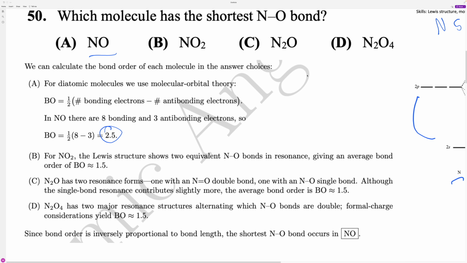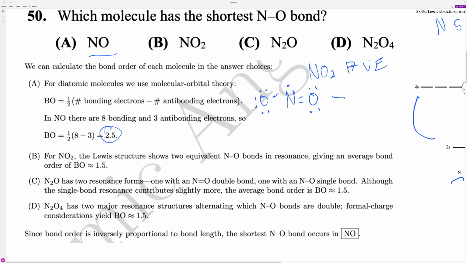Now let's draw NO2. NO2 is going to have 17 valence electrons, kind of a weird number of valence electrons to have, but it's going to follow a structure like this. And in fact, it's going to have 1 electron on itself, which is a bit weird, but that's what you get when you apply formal charge.